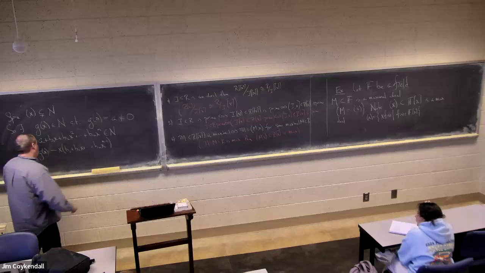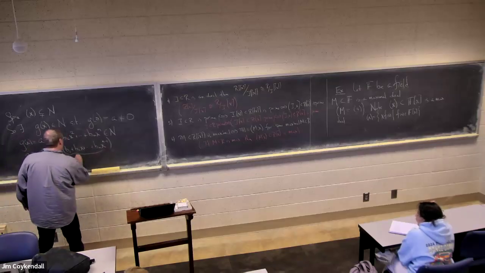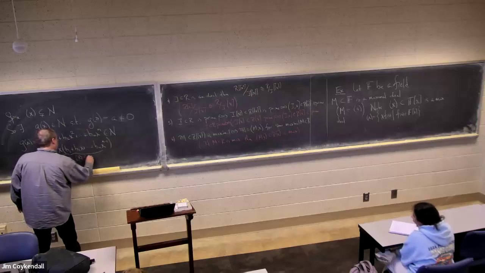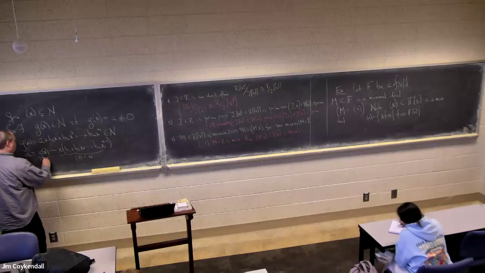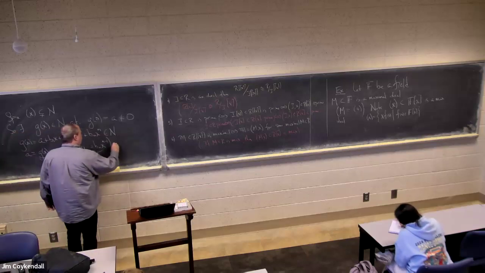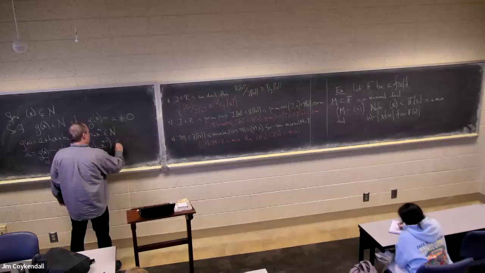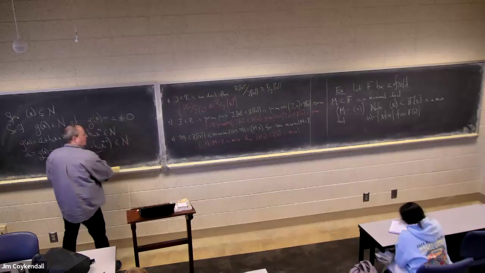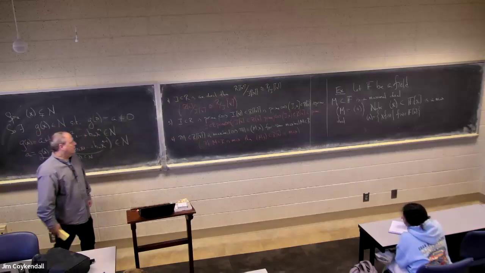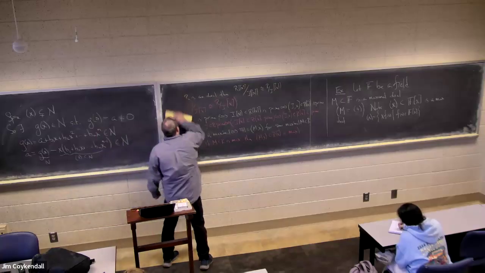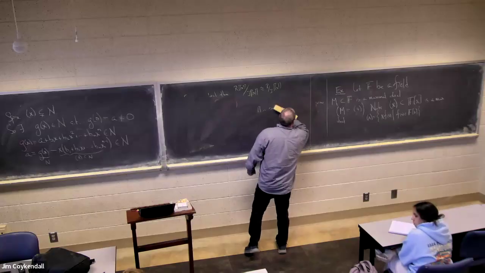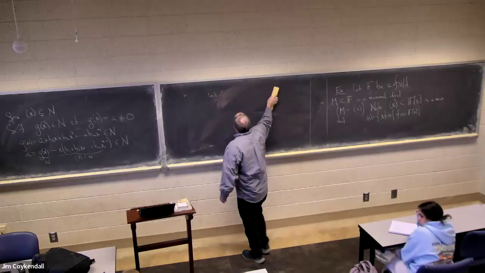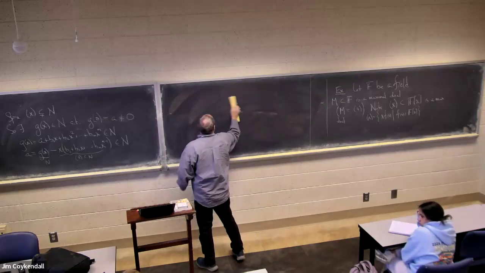And notice that this is in the ideal generated by x, which is contained in N. And this is in N. So a is in N. Can somebody tell me what's wrong with that? Well, here's the point. a is either 0 or it's one of the units, because F is a field. Okay.